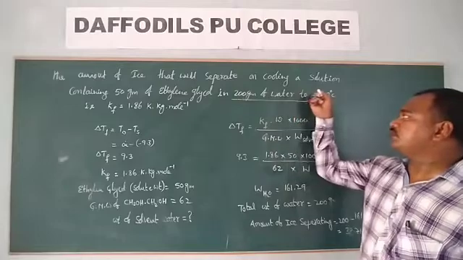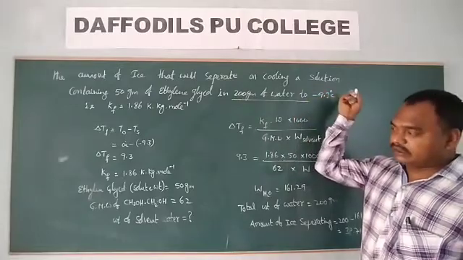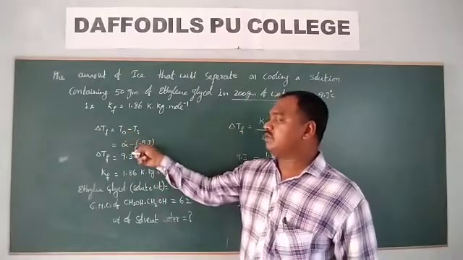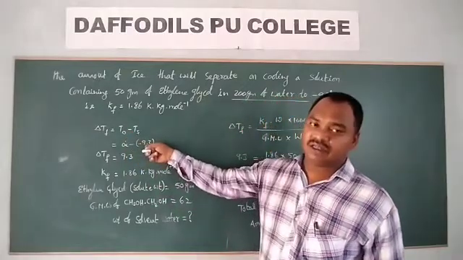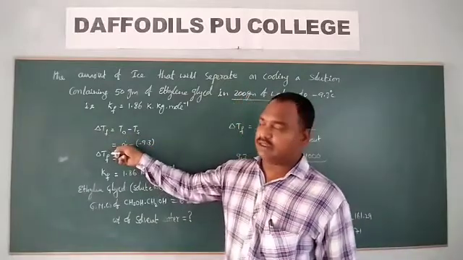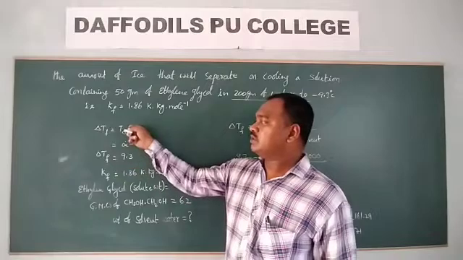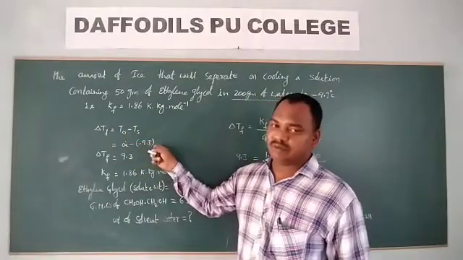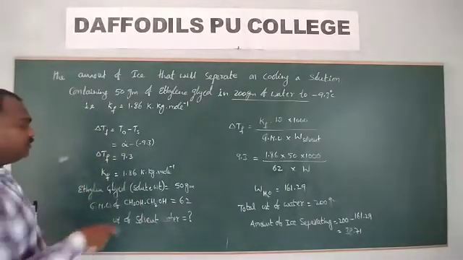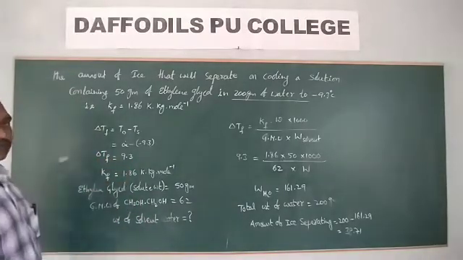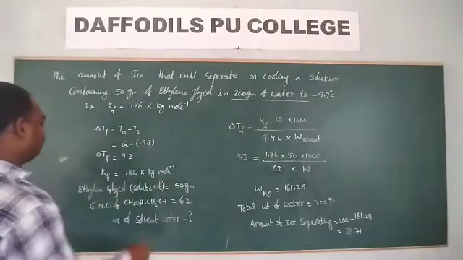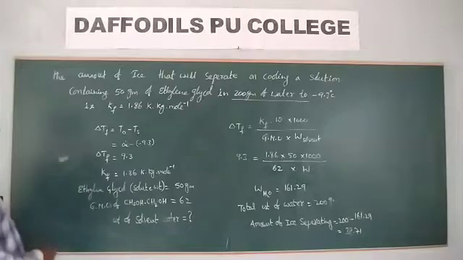The solution freezing point is minus 9.3 degrees centigrade. So T naught is 0, the pure solvent freezing point, and the solution freezing point is minus 9.3. So the depression in freezing point comes as 9.3.